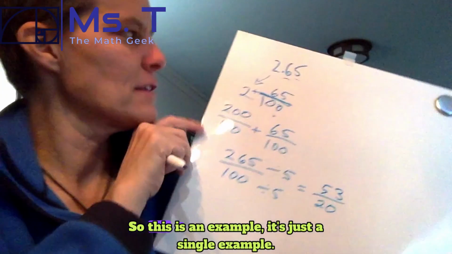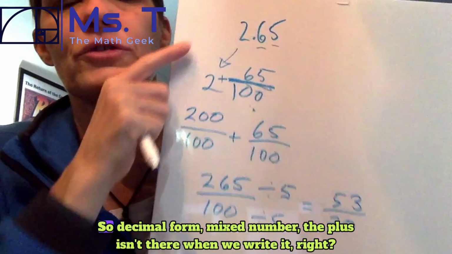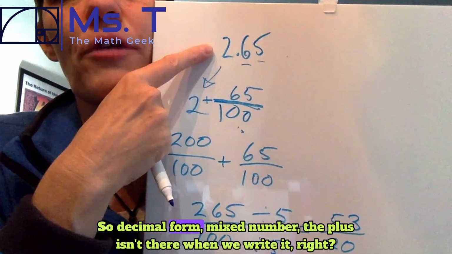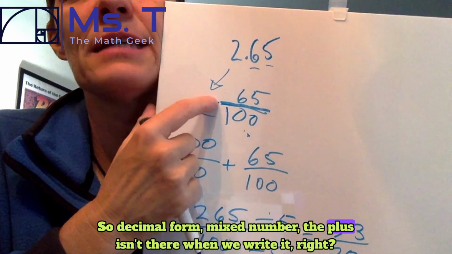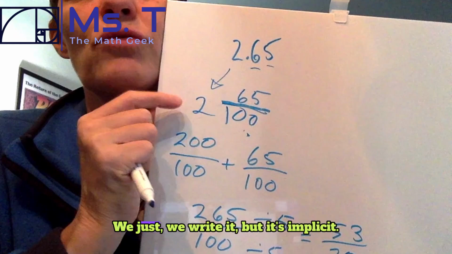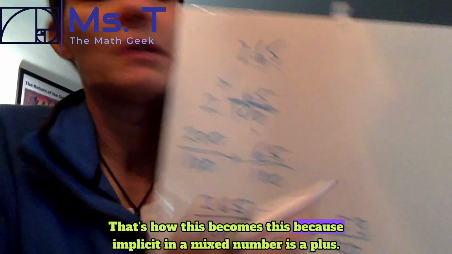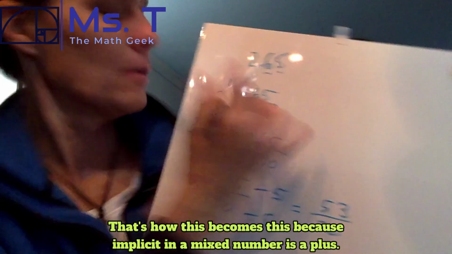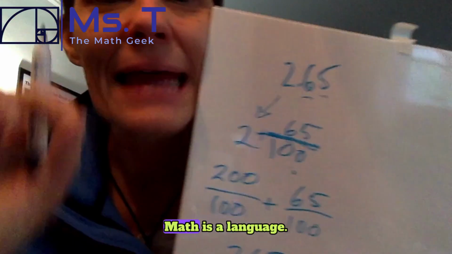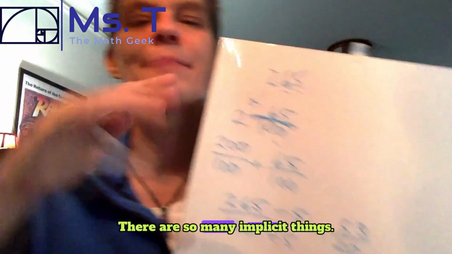Okay, so this is an example. It's just a single example. So decimal form, mixed number. The plus isn't there when we write it, right? We write it, but it's implicit. That's how this becomes this, because implicit in a mixed number is a plus. Math is a language. There are so many implicit things.